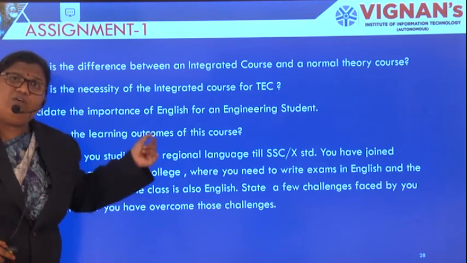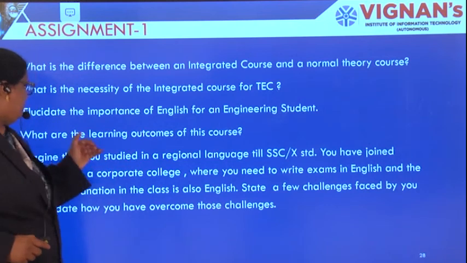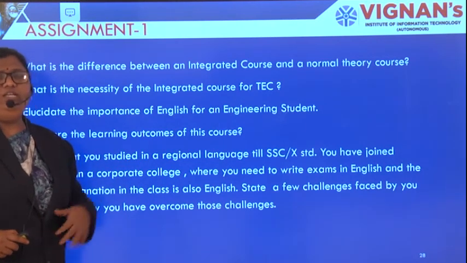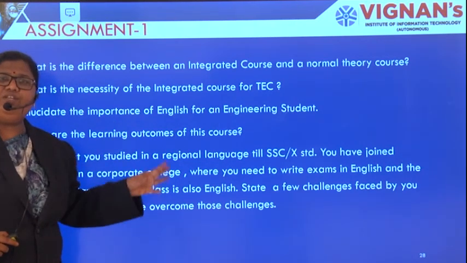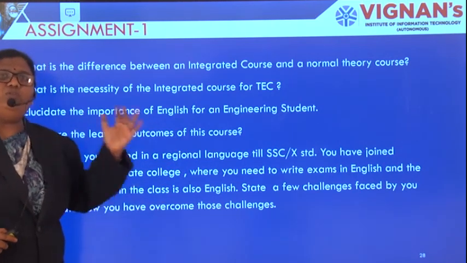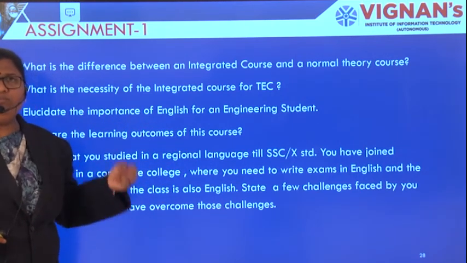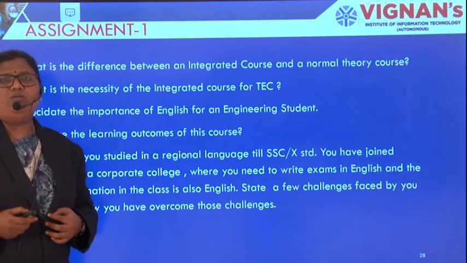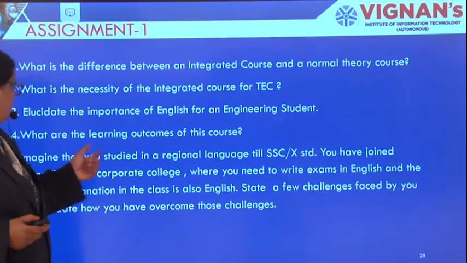So for an engineering student, how is English useful? Next one: what are the learning outcomes of this course? Individually for all the units I have given you the outcomes. So you need to just rewind the video and go through all the outcomes, and in a nutshell, you are supposed to write the overall outcomes.